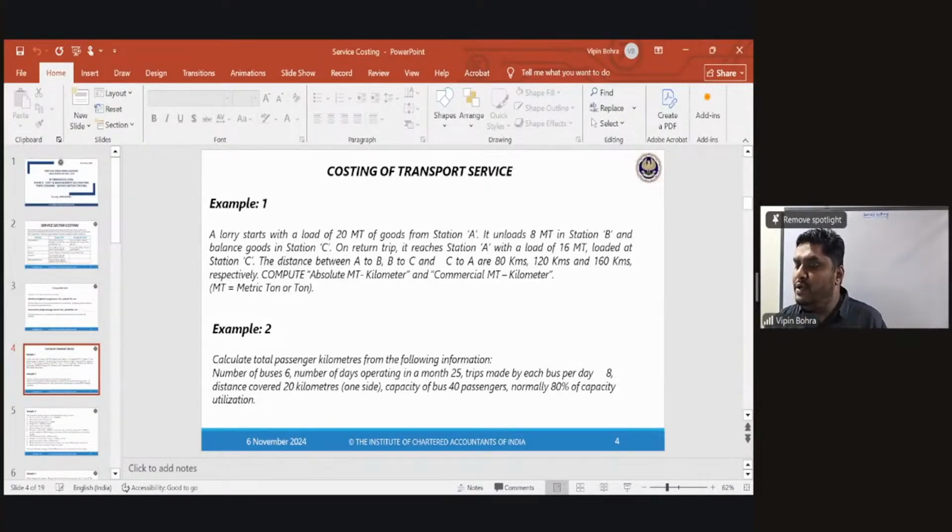Calculate the total passenger kilometer from the following information, wherein the number of buses is 6, number of days operating in a month is 25, trips made by each bus per day is 8, distance covered is 20 kilometers one way, the capacity of the bus is 40 passengers, and normal utilization is 80% of the capacity. So normal occupancy is 80%.